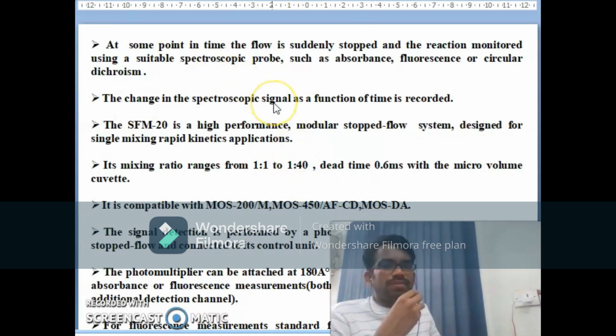At some point the flow is suddenly stopped and the reaction is monitored using a suitable spectroscopic probe such as absorbance, fluorescence or circular dichroism. The change in the spectroscopic signal as a function of time is recorded.